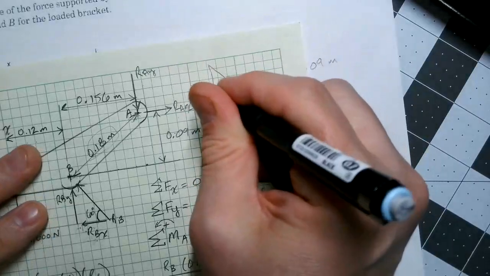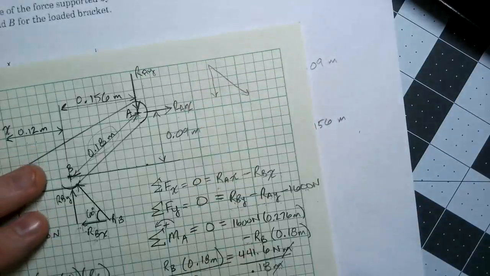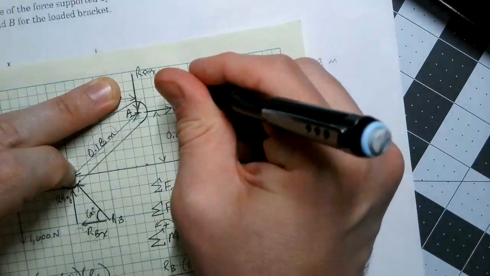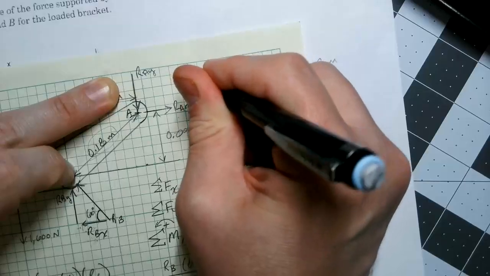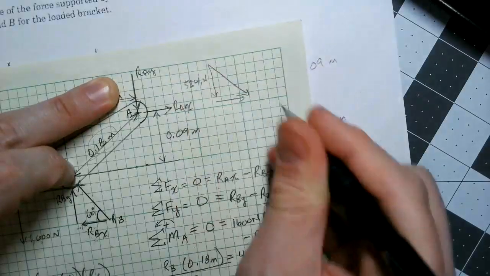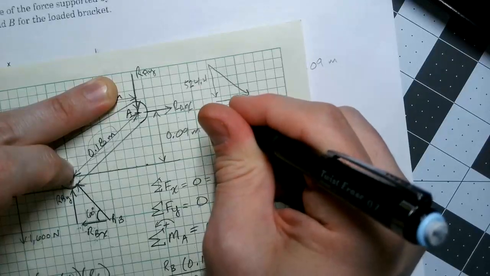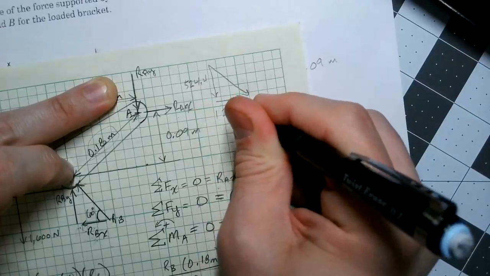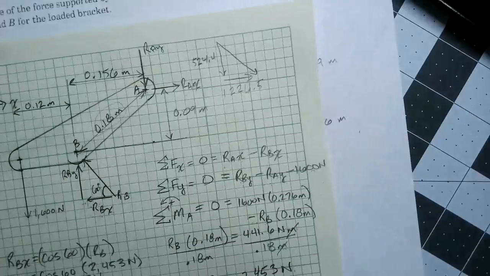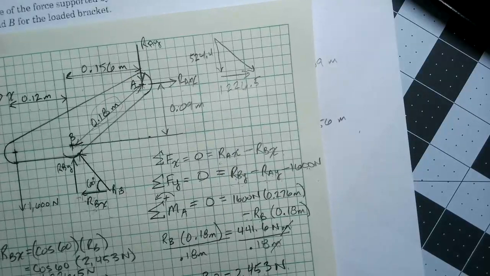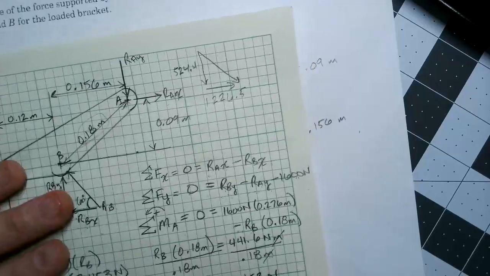And come down here, we have our RAY, which we said was 524.4, and we have our RAX, which we said was 1,226.5. Well, that's pretty simple to figure out because it's a Pythagorean theorem at this point, right?